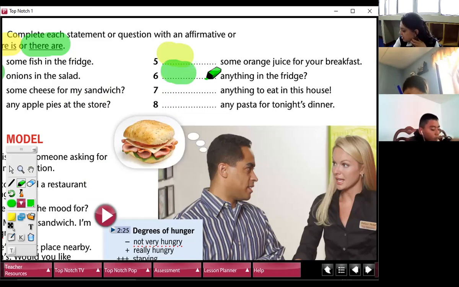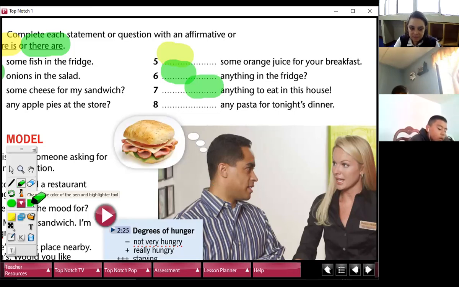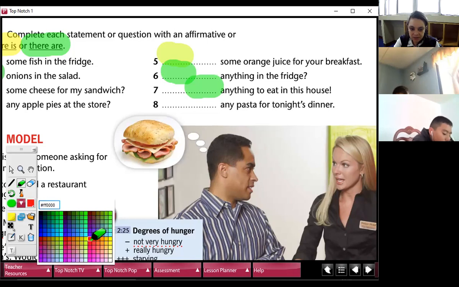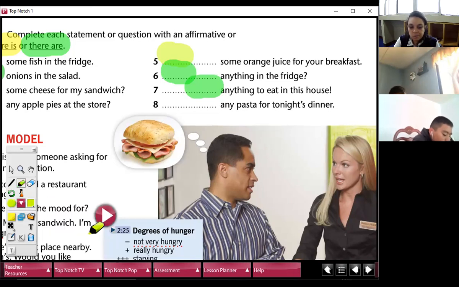Anything to eat. There are. Okay. Any pasta. We are talking about pasta. There is or there are?